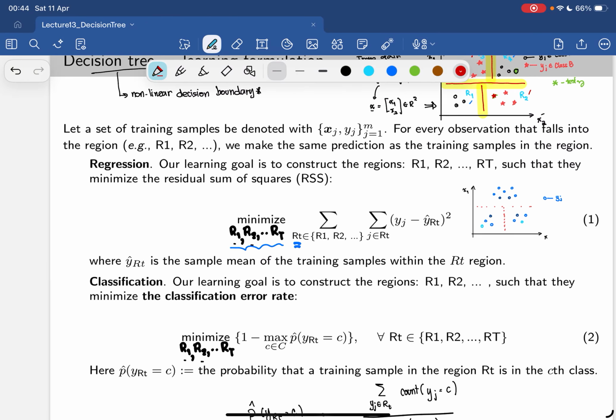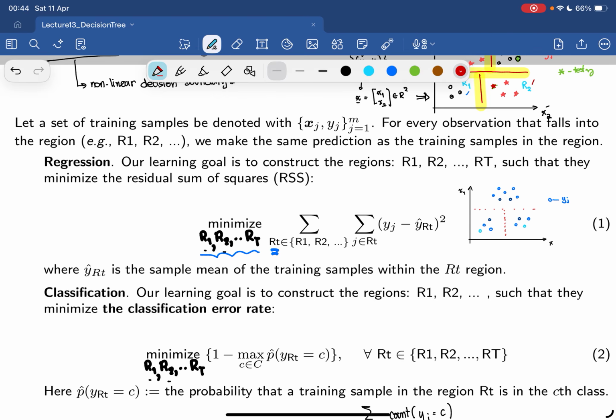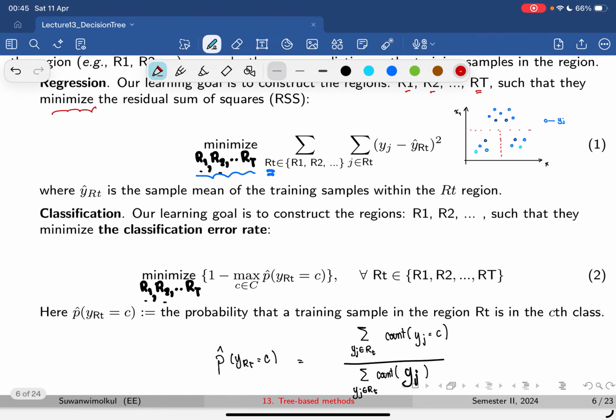The objective of the decision tree algorithm is to construct the regions R1, R2, up to R3, such that it either minimizes the residual sum of squares or provides the lowest error probability of data that fall into each region.